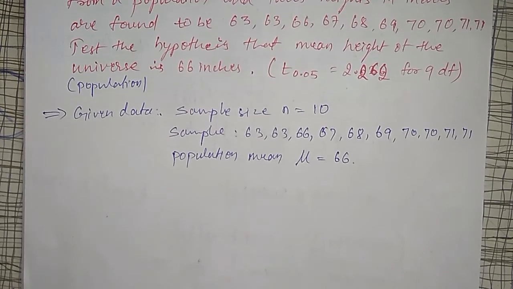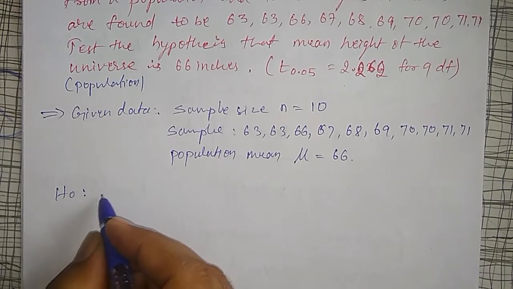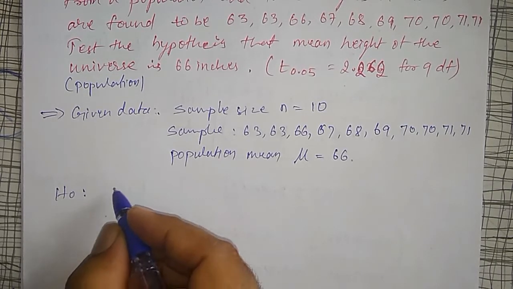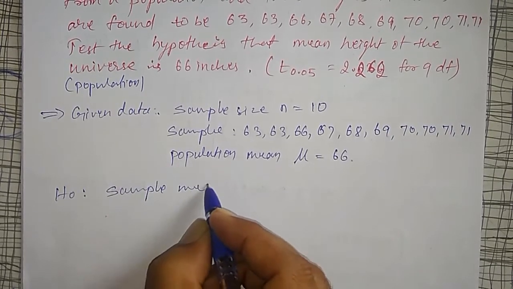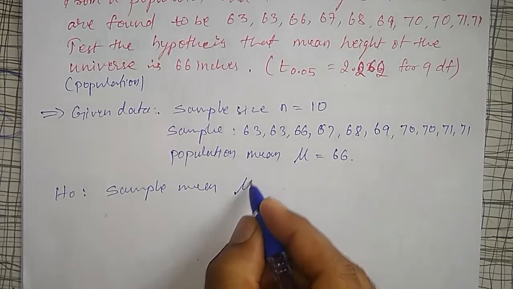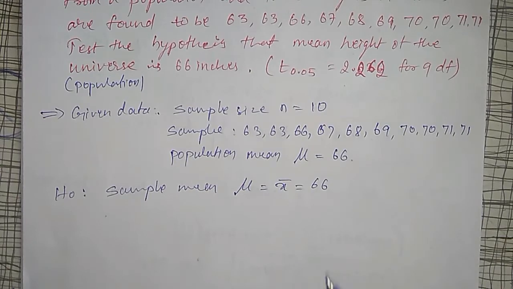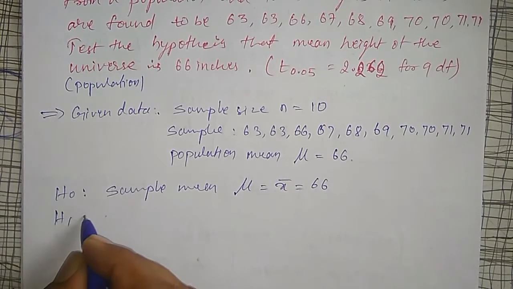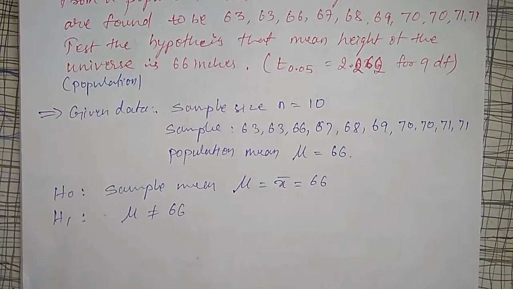Okay. Null hypothesis H naught I will consider first: the population mean mu is equal to the sample mean x bar, equal to 66. I am assuming this first. Then H1, that is mu is not equal to 66.